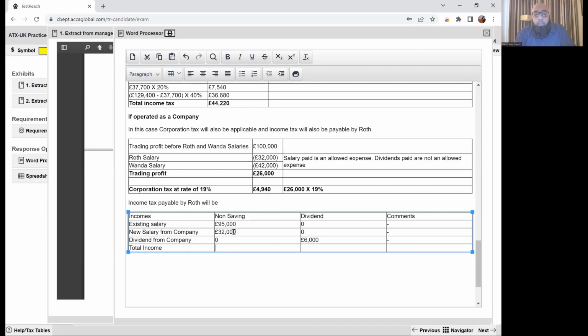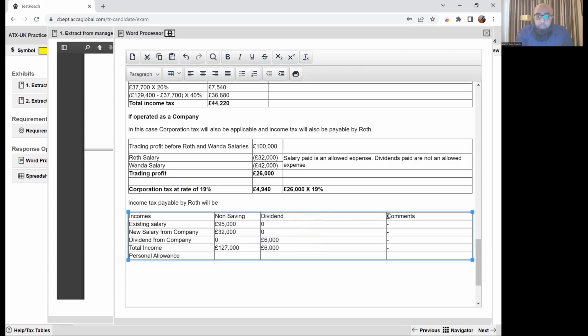This gives us the total income, 95 plus 32, so it's 127,000. And this is 6,000. I believe that things are easy, but I will repeat them again. If you have any query, just listen to me carefully so that if anything comes up, it gets cleared.